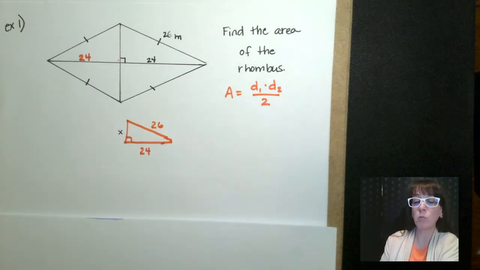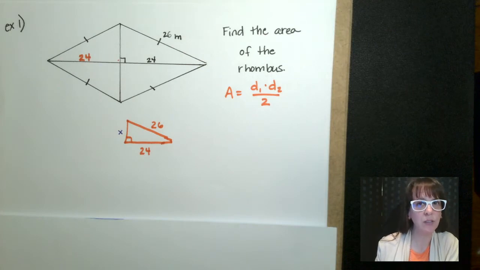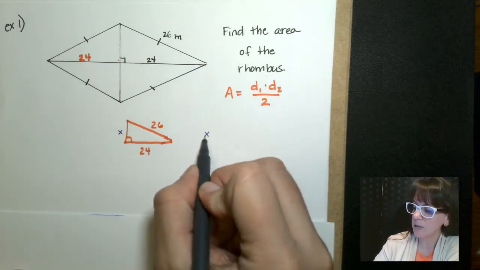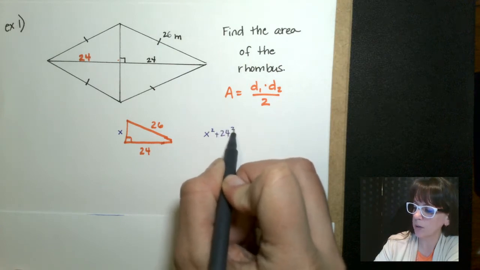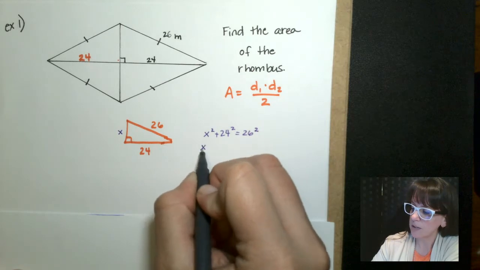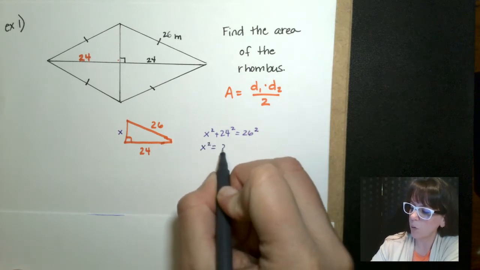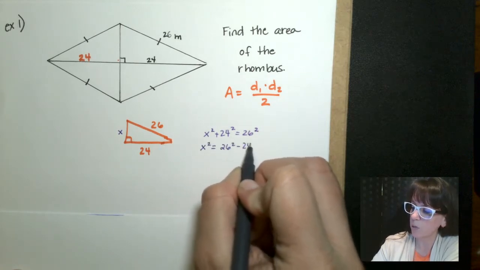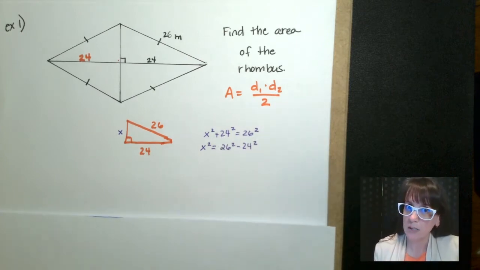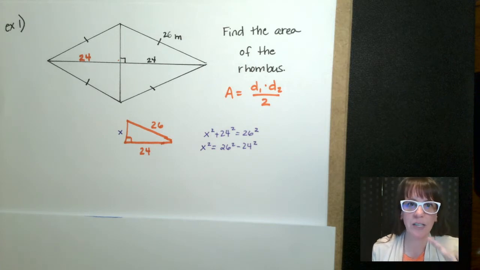So I see that I have a right triangle. I don't know the angles, so I can't use my special right triangles, but what I can do is X squared plus 24 squared equals 26 squared. Okay, so X squared equals 26 squared minus 24 squared. I just subtracted 24 squared from both sides. Now, if you do it this way, it is not 2 squared. You can't do 26 minus 24.